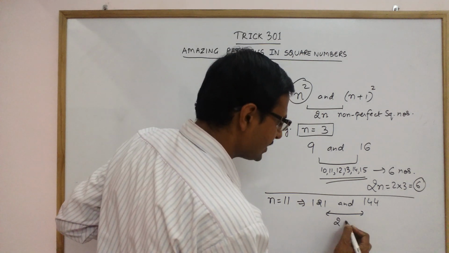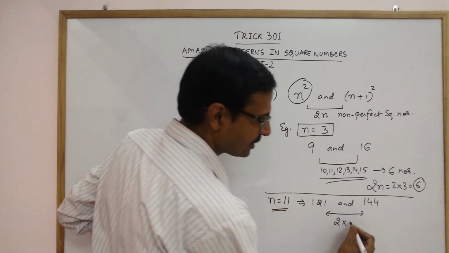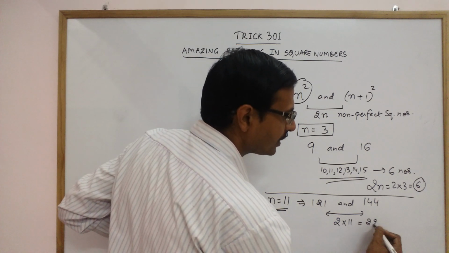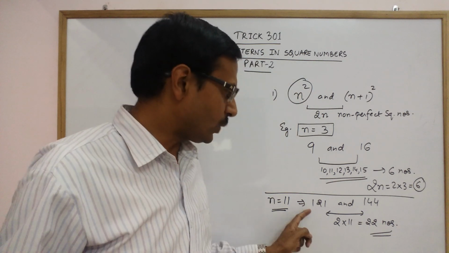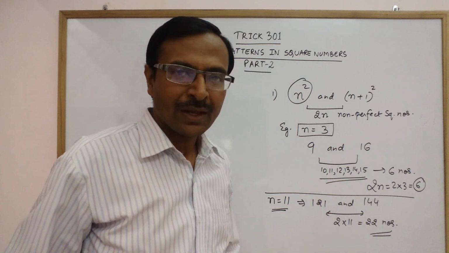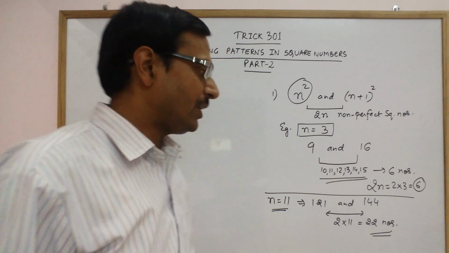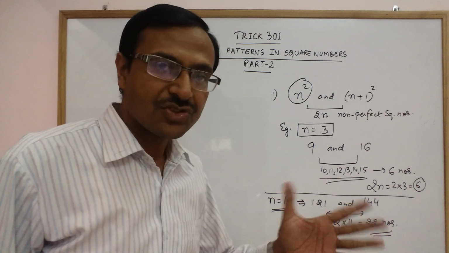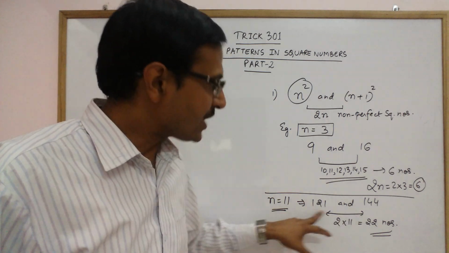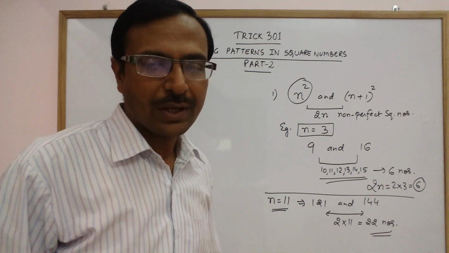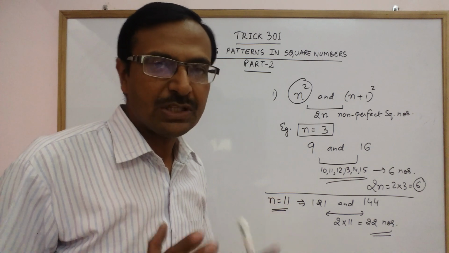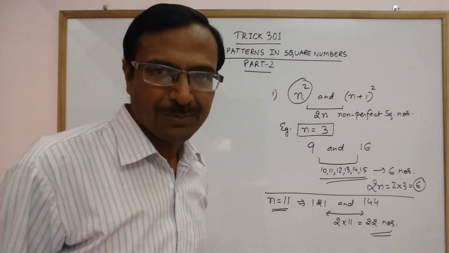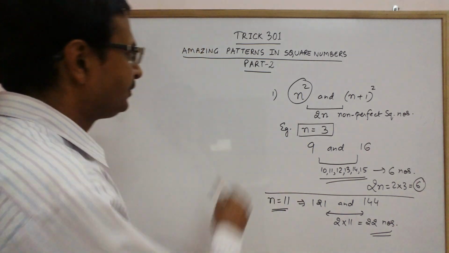Just write twice of n equal to 11, it is 22 numbers which are between two perfect squares 121 and 144. This finds wide applicability when you can put the values of n as large numbers where the squares of the numbers are in thousands. You can always calculate how many non-perfect square numbers lie between two consecutive perfect square numbers. So this is the first pattern.